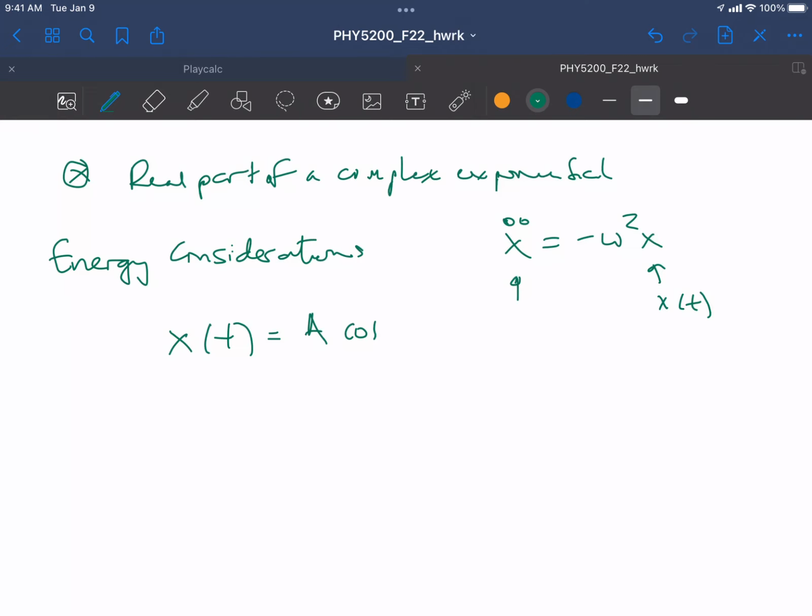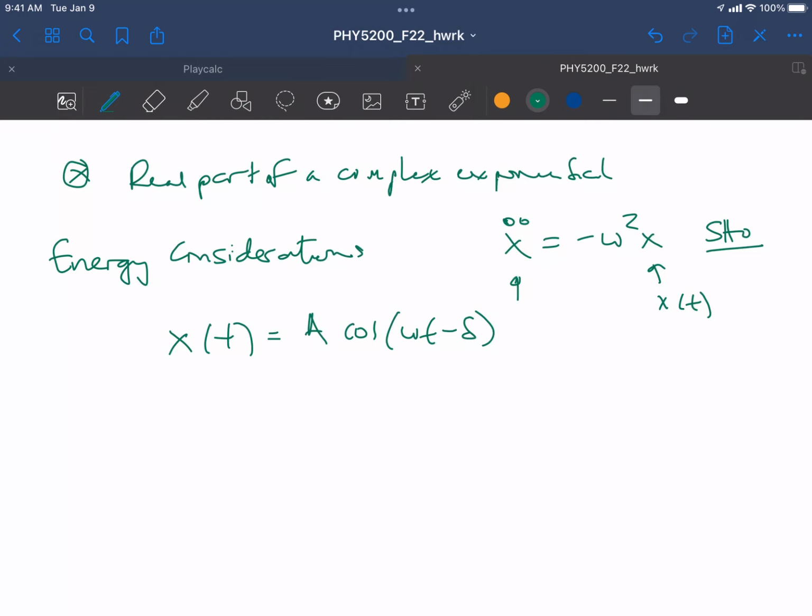This equation of motion asserts that the original function and its second derivative are related by a negative constant. That is the simple harmonic oscillator. From that we found a number of different forms of the solution that one could use. But let's look at this one.